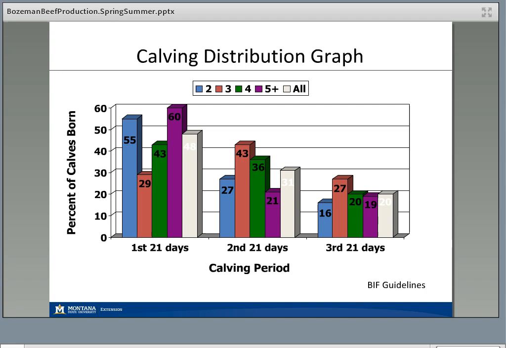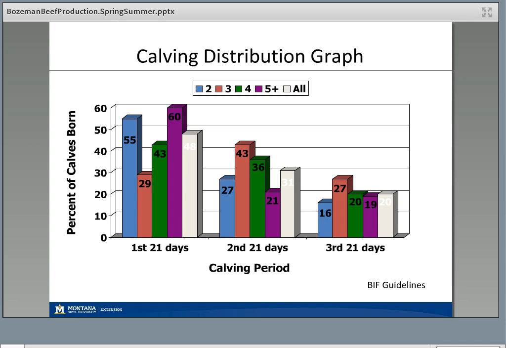We have the calving period split out into the first, second, and third 21 days on the x-axis, and then the percent of calves born during each of those. Each different color of the bar in each period denotes cow age. The 2-year-olds are blue, okay? And then the average of the entire cow herd is in that gray, with a white colored label that might be hard to see.